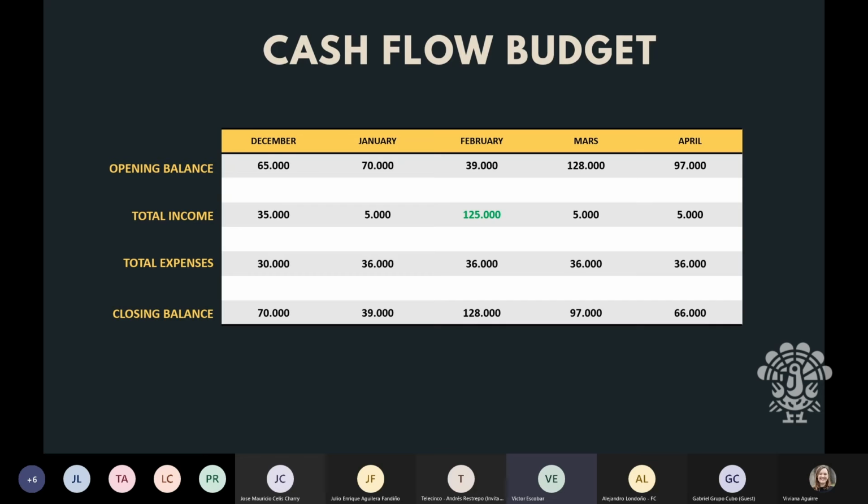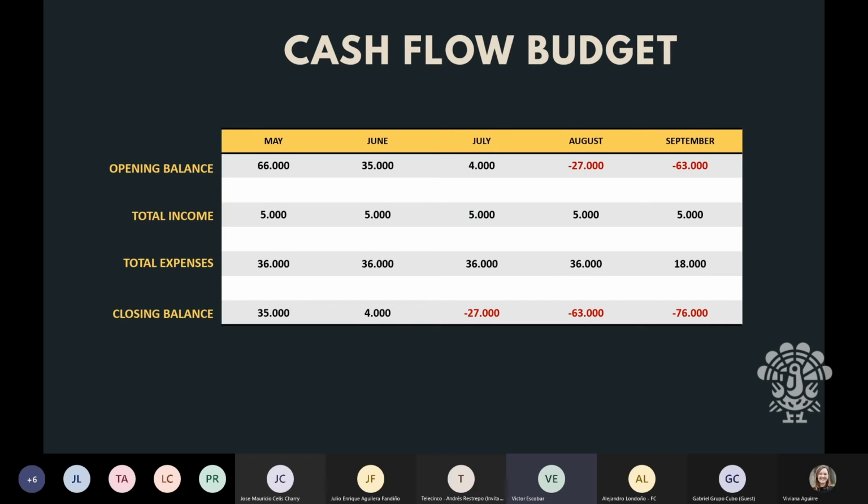So if we continue and we check the next month, in here, they didn't get any more projects. So all the cash flow that they were getting was reduced. And for the month of July, they haven't finished the project, and in here their balance was in red, so their cash flow was negative.